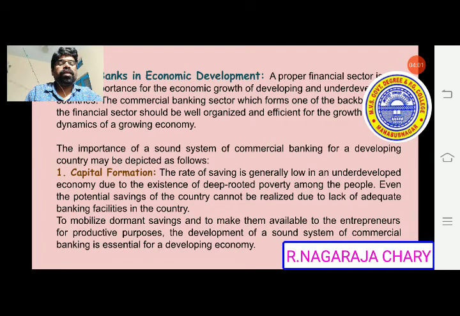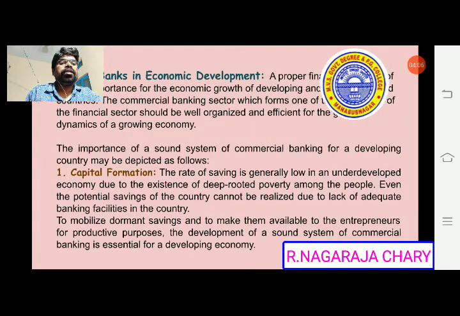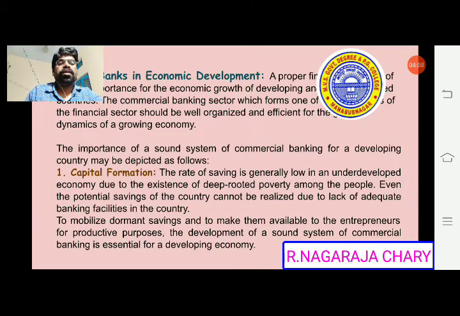After collecting the money, that collected money is invested somewhere, in a diversified manner. So in capital formation, all the banks lead an active role. Banks provide loans to needy organizations.